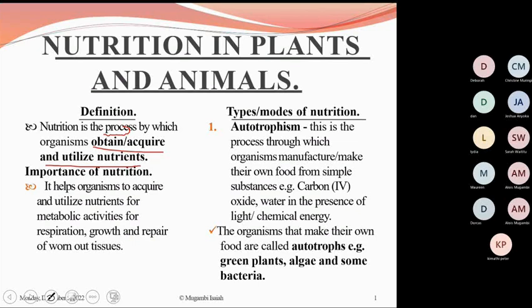But why do plants and animals acquire and utilize nutrients in the body?